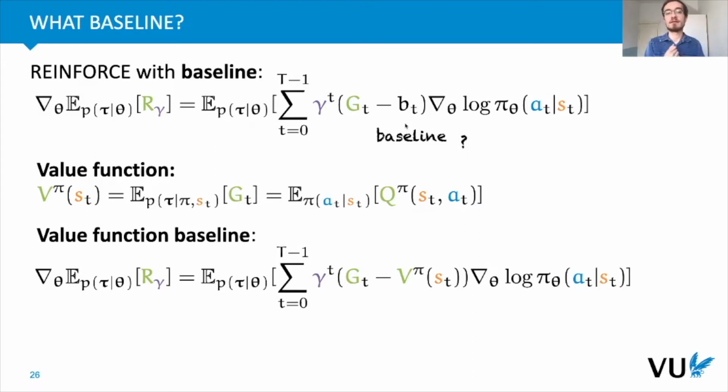Here we choose a value function. The value function is very related to the Q function. The value function is also called the state value function, and the Q function is also sometimes called the state-action value function. So the value function is basically the expected value of your discounted reward-to-go, but only dependent on the state.